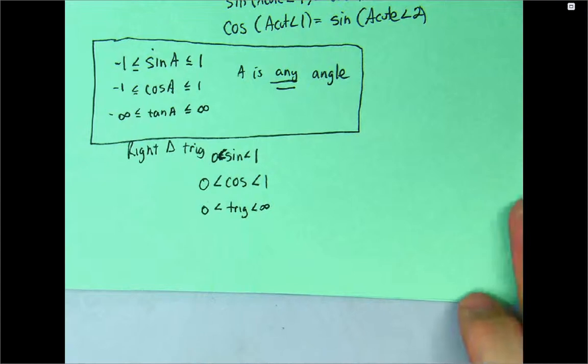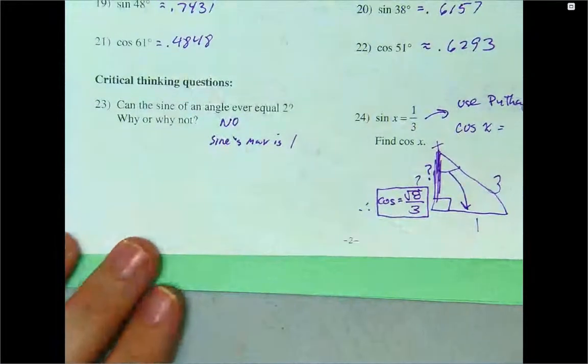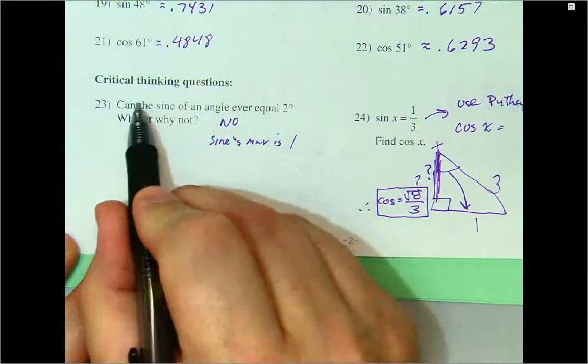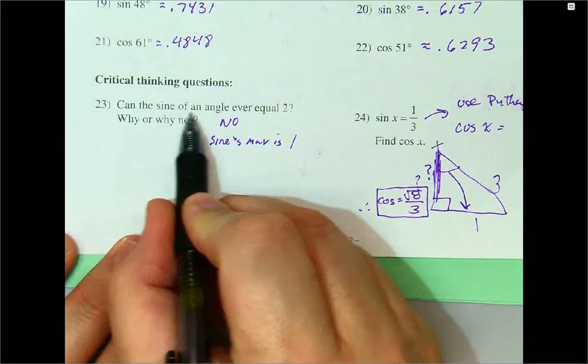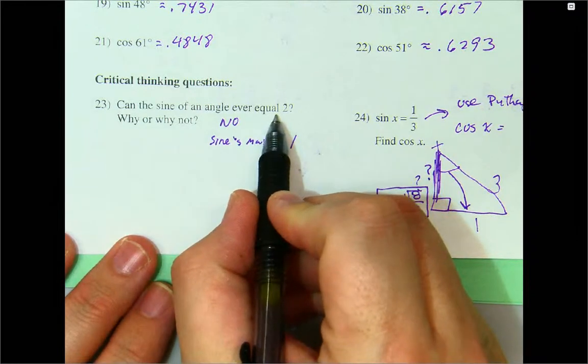So if we go back just really quickly to these two problems right here. It says, can the sine of an angle ever equal 2? I know I didn't tell you about what the sine could equal, but can we ever have a sine that's equal to 2?